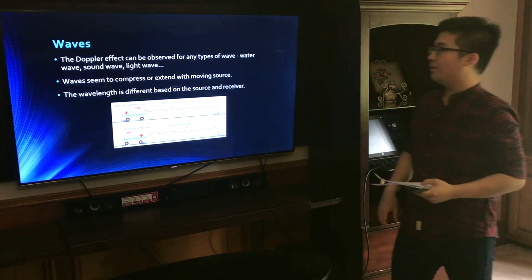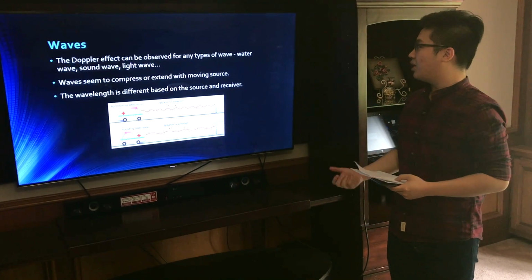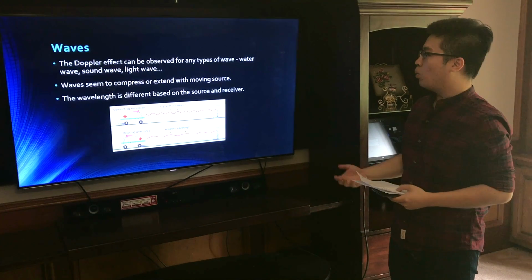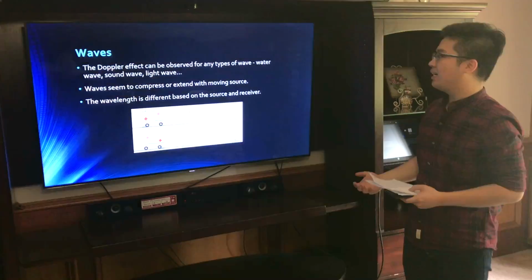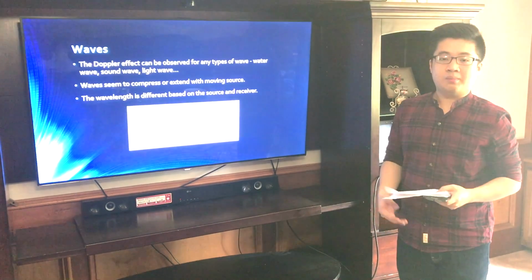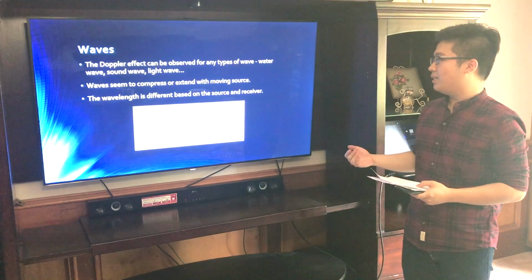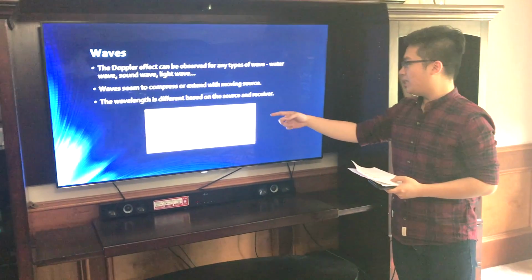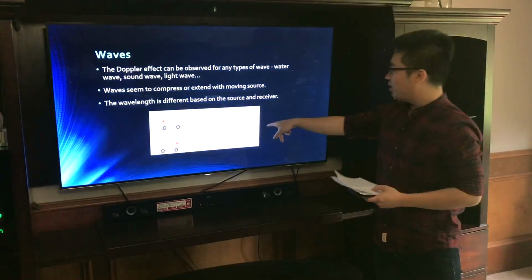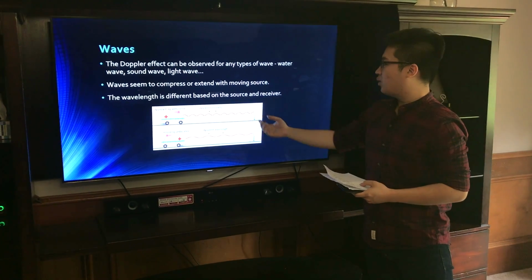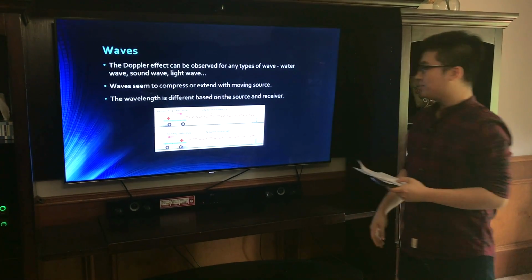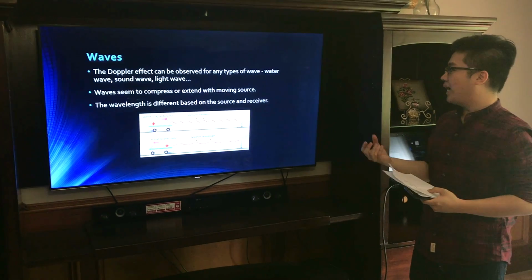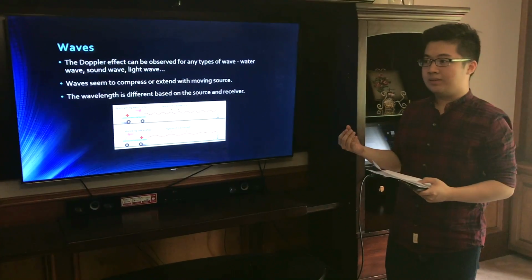So for the wave, the Doppler effect can be observed for any type of wave: water wave, sound wave, and light wave. We are more familiar with the sound wave because it's easy to imagine. As you can see in the picture of the ambulance, the motion of the wave looks like the graph of a sine wave. Waves seem to compress or extend with a moving source.